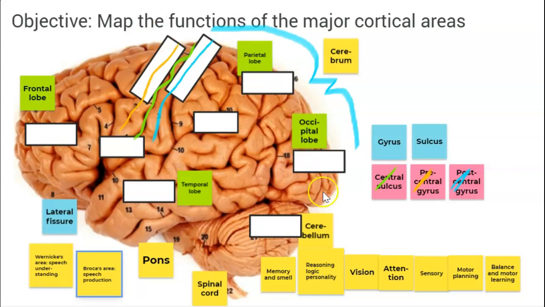So as best you can, if you happen to know, some people already know what the occipital lobe might do, a couple of functions in the temporal lobe, frontal lobe, and the precentral gyrus and the postcentral gyrus also have a specific function as well. So do your best, see what you can do just by putting those in those particular areas.